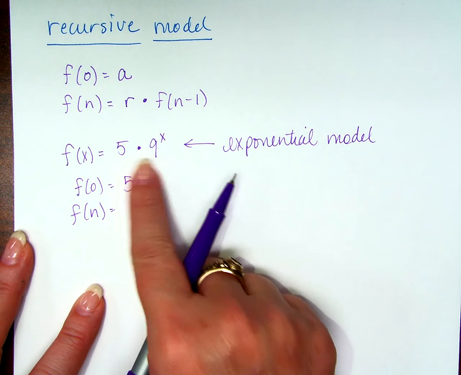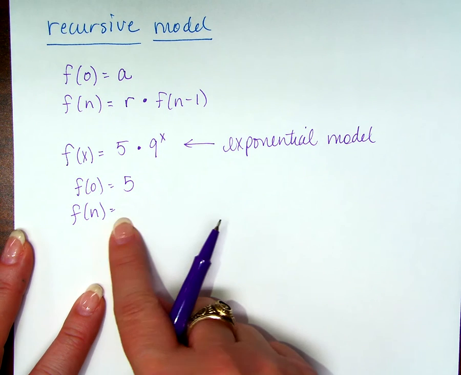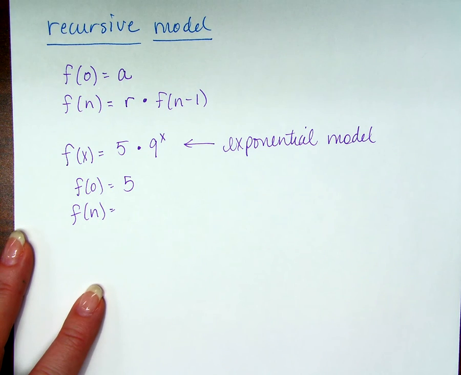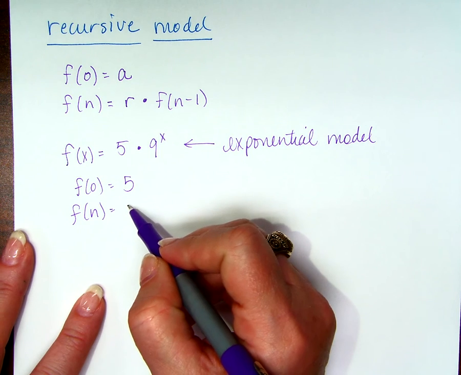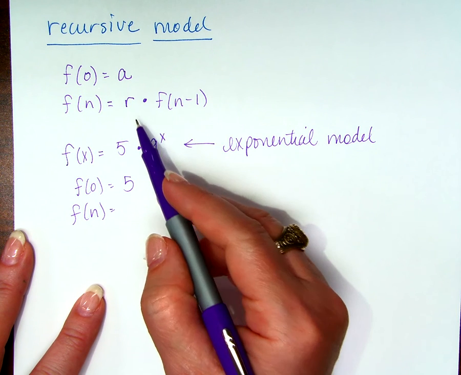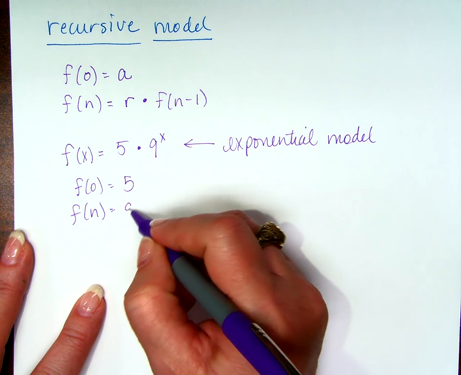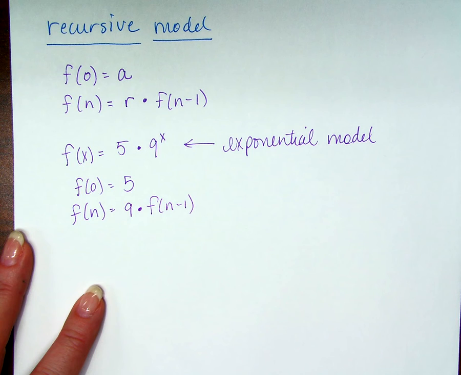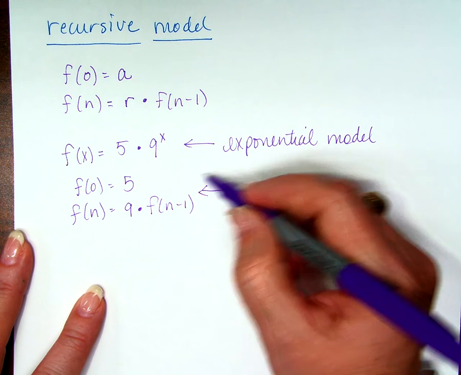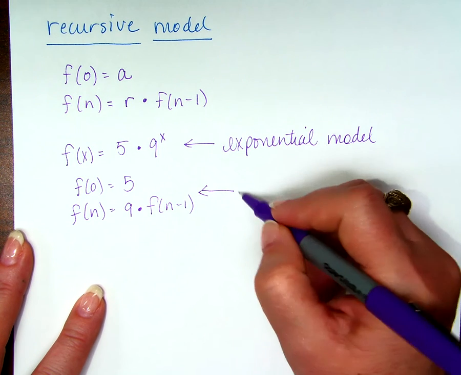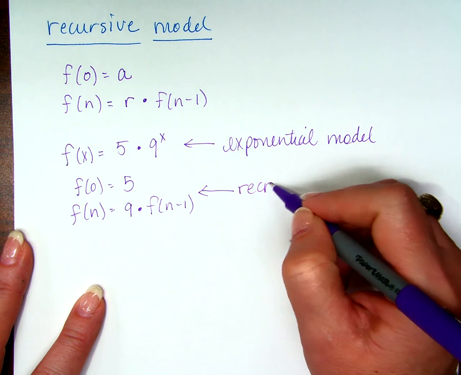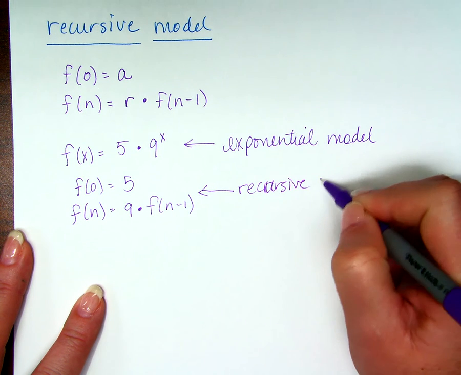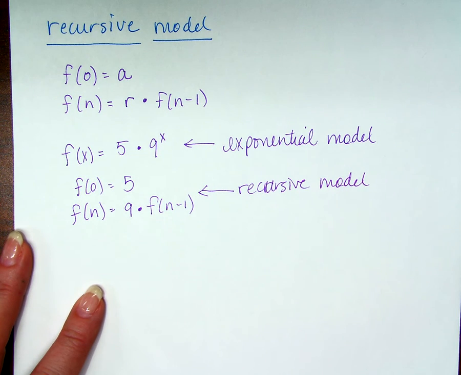What is f of n going to equal? What's the r? 9 times. Done. This is the exponential model. This is the recursive model. See what I mean? That is super hard.